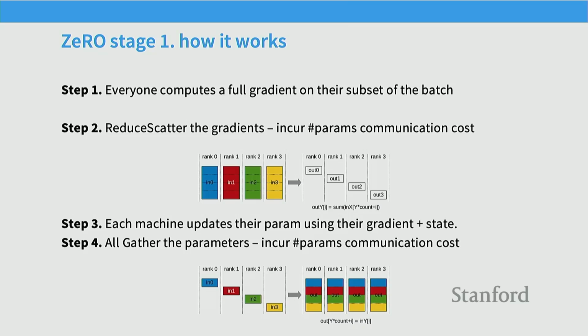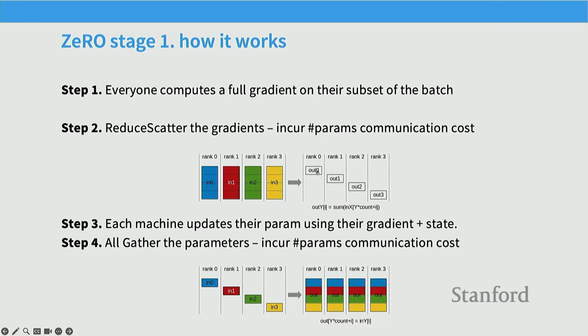So step 1: every GPU gets a different data point. I'm just going to simplify all this batch computation. I have GPU 0 through, let's say, 4, and every GPU gets a single example, and they compute a full gradient on the example that they own. Next, I'm going to scatter the gradients. I'm going to collect the gradients that each GPU owns.